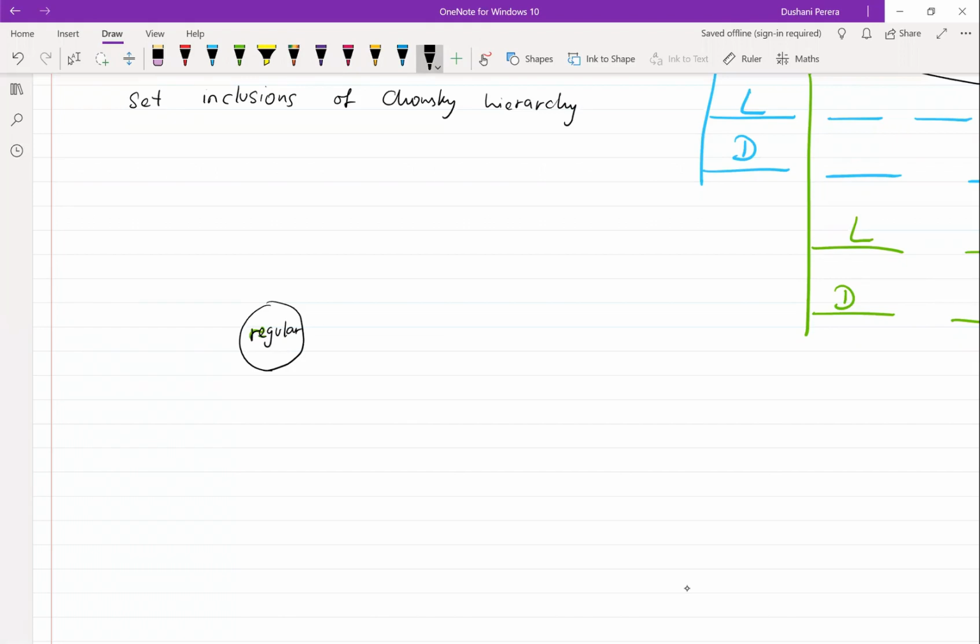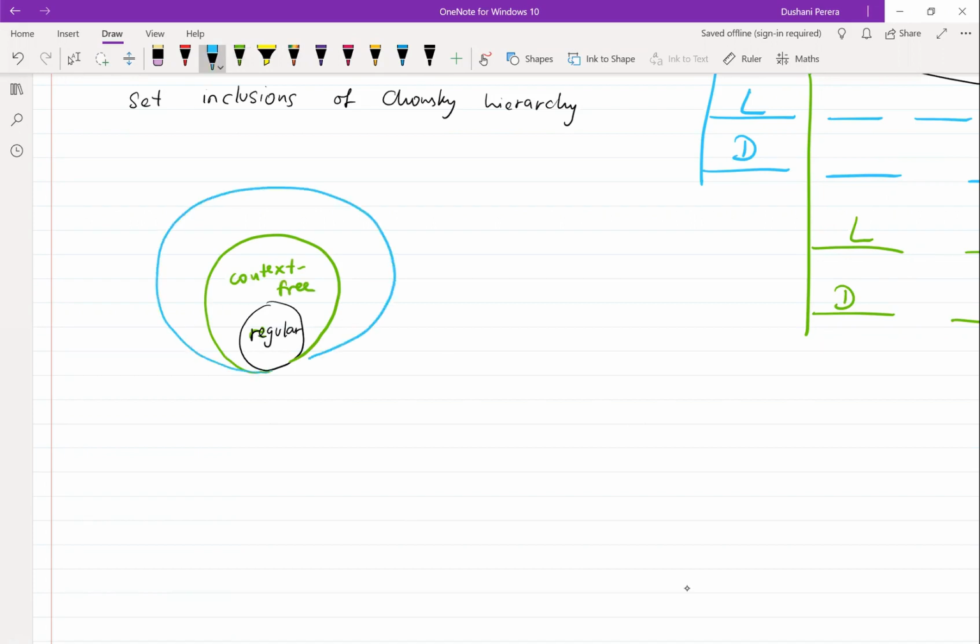However, then you have context free, the type 2. Then you have context sensitive.